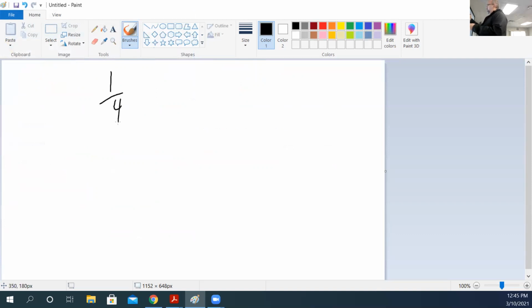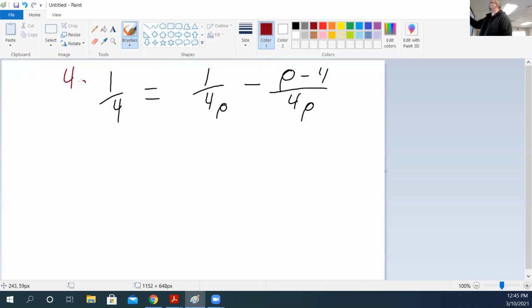1 over 4 equals 1 over 4p minus (p minus 4) over 4p. Okay, so we're going to get the biggest pieces. The common denominator between all of these is 4p. I'm going to multiply every piece here times 4p, going across the whole thing.